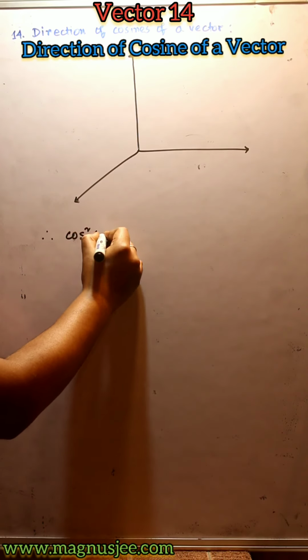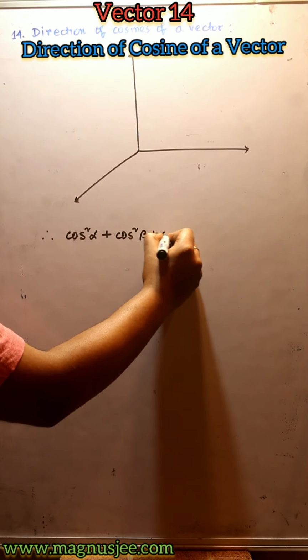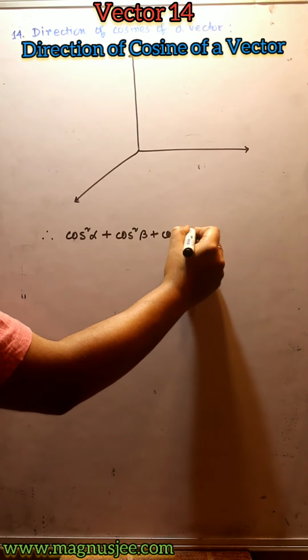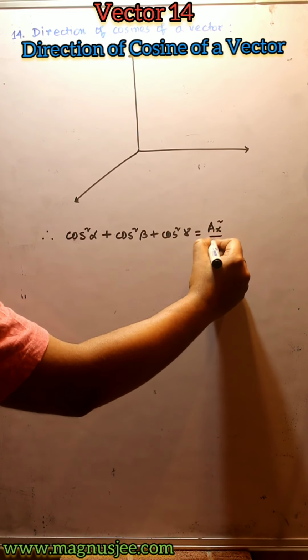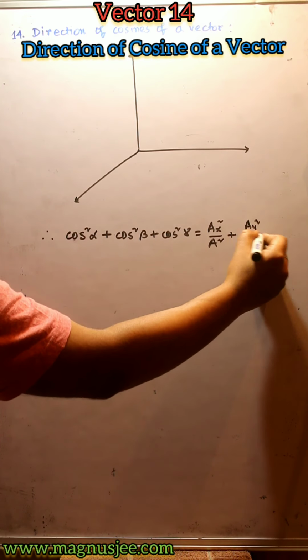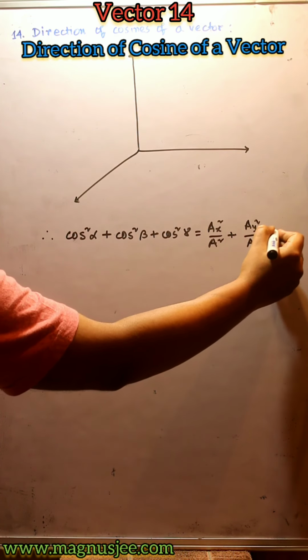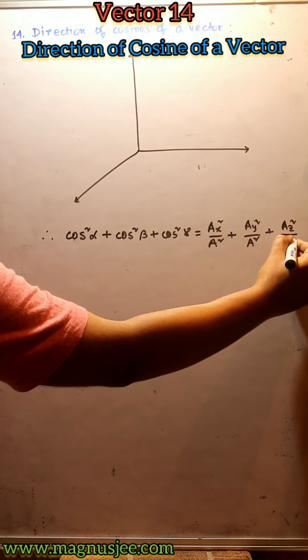Therefore, cos square alpha plus cos square beta plus cos square gamma is equal to, putting the value of cos alpha, cos beta and cos gamma, Ax square by A square plus Ay square by A square plus Az square by A square.